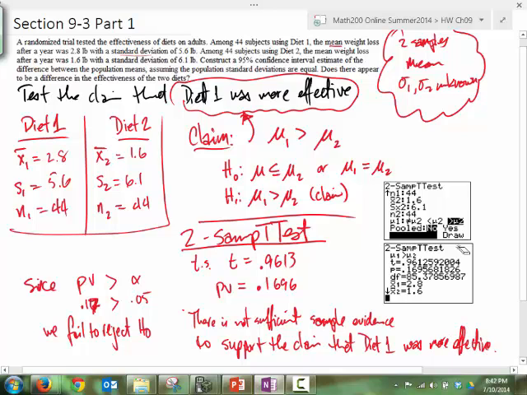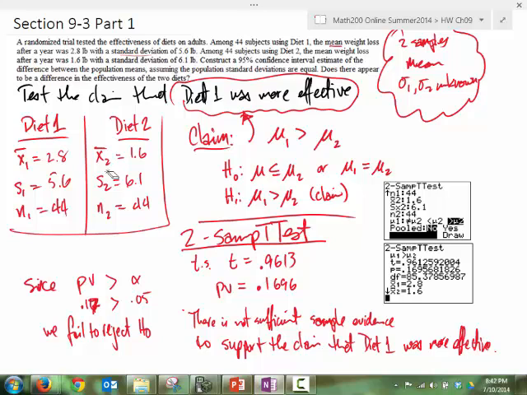So if you look at diet 1 with a mean of 2.8 pounds and diet 2 with a mean of only 1.6, it looks like diet 1 was greater. It looks like it was more, right? But based on our significance test, that greater than is not significant enough. It's not something that's out of the ordinary.